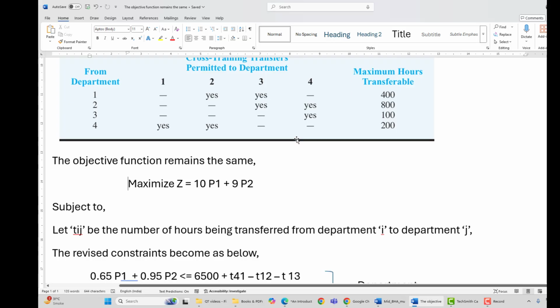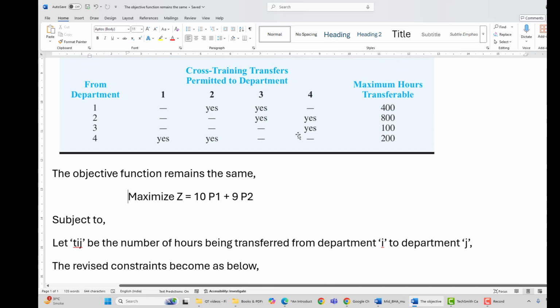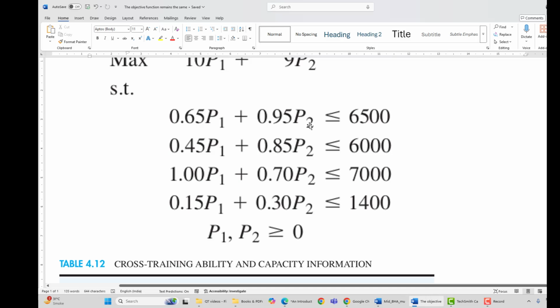Then for the first department, we already have 6,500 hours. So our total hours will now change to 6,500 plus whatever transfers are coming into the department, and minus whatever transfers are going out of the department.